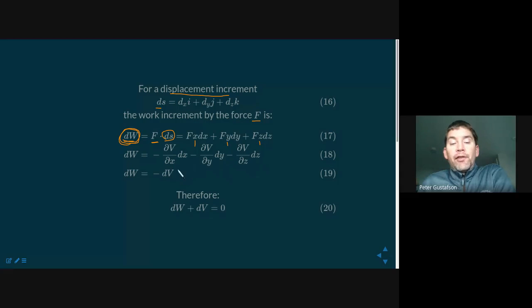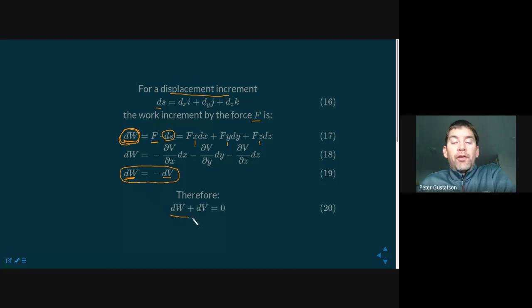What we see here is a generalized form of a derivative. And so here's our expression that is actually quite meaningful. An increment of work occurs when you have an incremental change in potential. And these two are opposite of each other in sign.